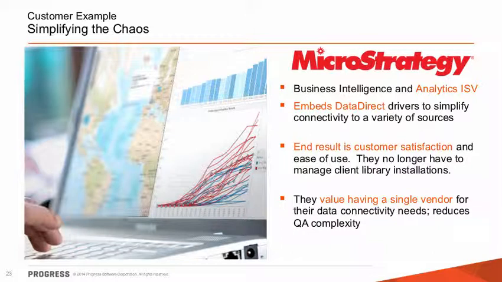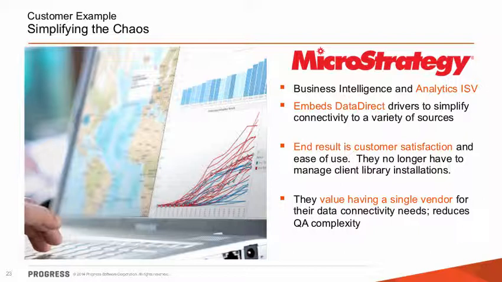MicroStrategy is a good customer of ours. I could argue that CA is another valid example of this, where MicroStrategy has chosen to partner with us because we make their integration with all of these different data sources much, much easier. They embed our drivers, and they have our entire portfolio of drivers available to customers of MicroStrategy, deeply embedded, so no one necessarily knows they're using DataDirect. They're just using MicroStrategy's branded drivers.